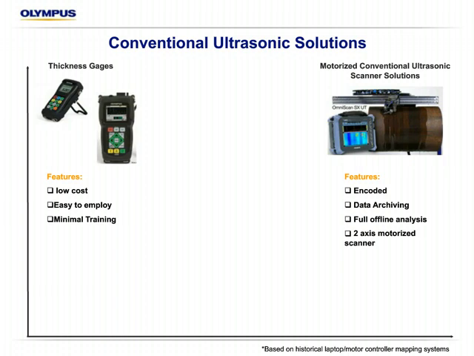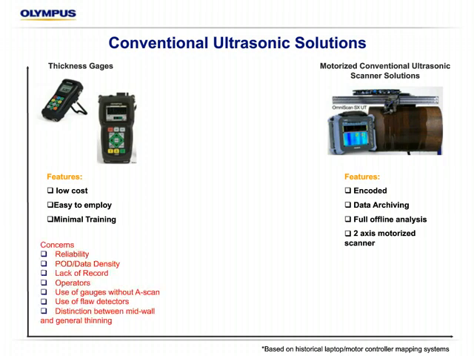But there are some concerns about it. For one, you're only taking a point measurement, so it's only as good as the exact point underneath the sensor. So the probability of detecting a pit or some microbiologically induced corrosion is generally not as good, because you're only looking at one small point.